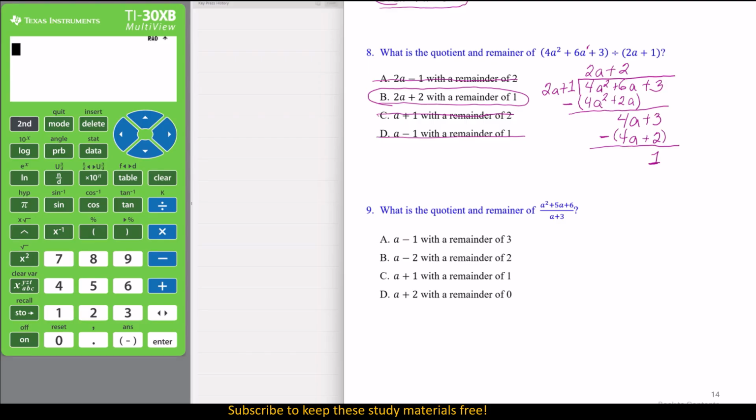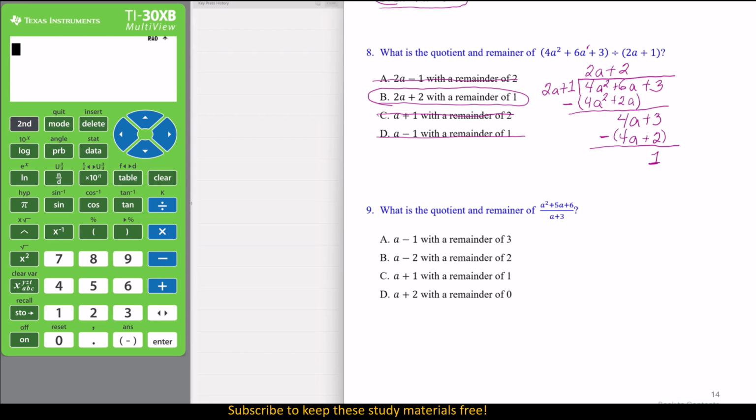What is the quotient and remainder of this? They set up the same thing, it just looks different. Instead of the sentence form of division, they made it a fraction form. It doesn't matter, we're fine. But I'm a little suspicious, and I'll tell you why.